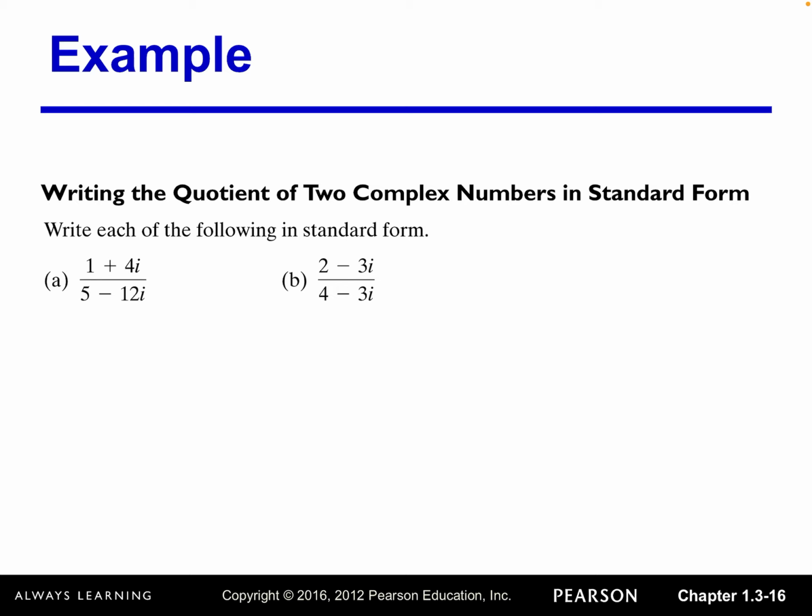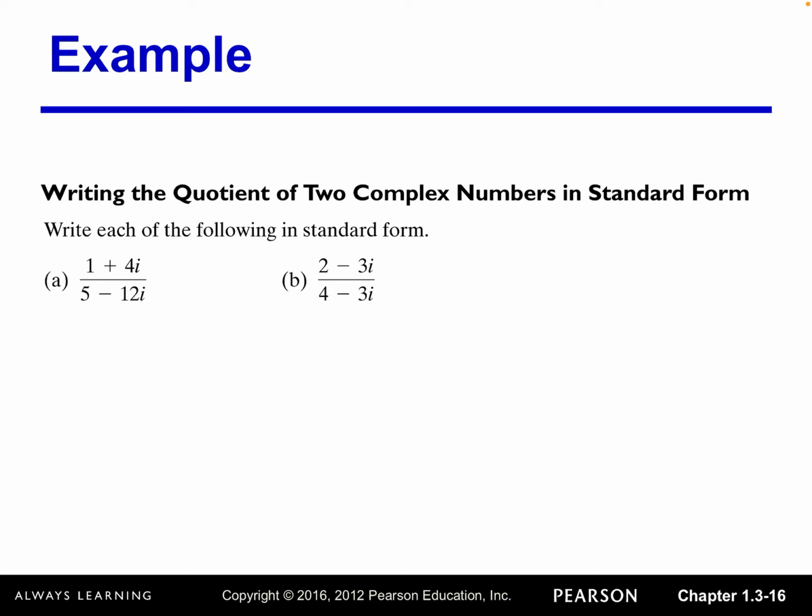So why do we need to learn that? Because we need to use it in our division problem. So how do we do complex number division? The rule is we do not want the imaginary unit, the i, in the denominator.